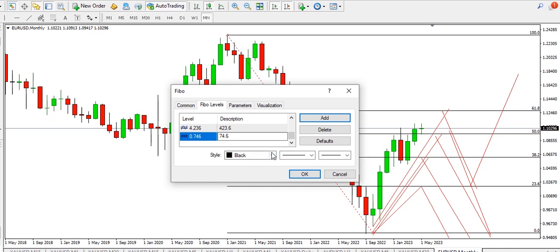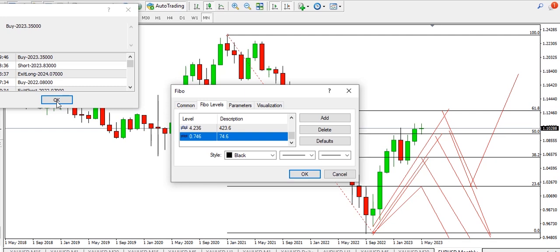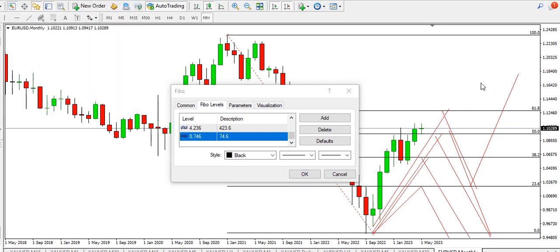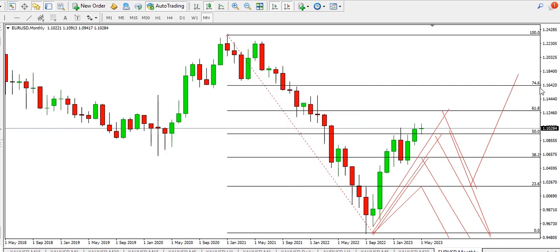If I click OK, you can see the 74.6 Fibonacci level has appeared. So if price rises up to that point, of course, that trend is going to be much weaker than the lower levels. It might just drop to 38 or 23 before going up.